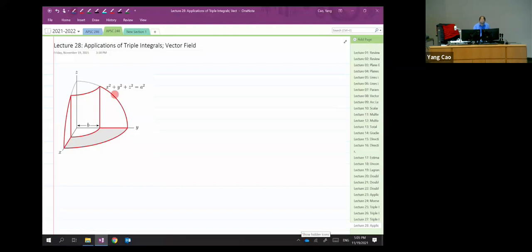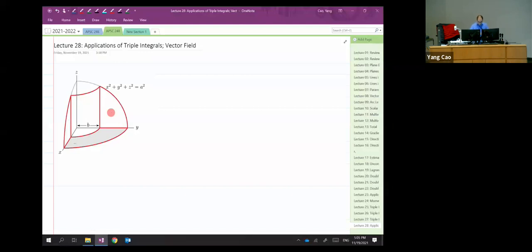So this is an example I started. You have a region D, which is sandwiched by these red edges. Region D, one side is the cylinder, the other side is this spherical surface, and then three other sides are the coordinate planes.